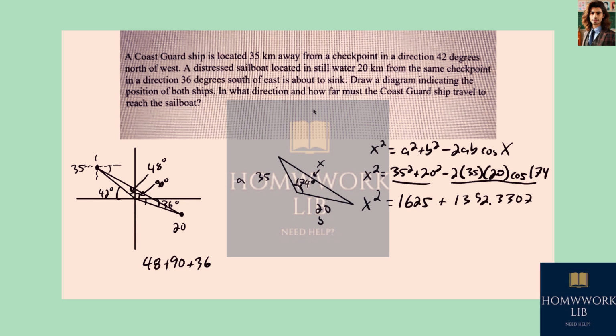So I can put those together and I get 3,017.3307. And then I square root both sides, and that's 54.9302. Okay, so that is the total distance in kilometers between the two ships.